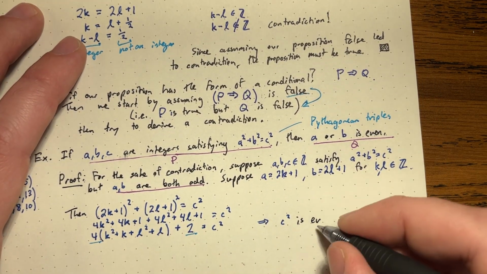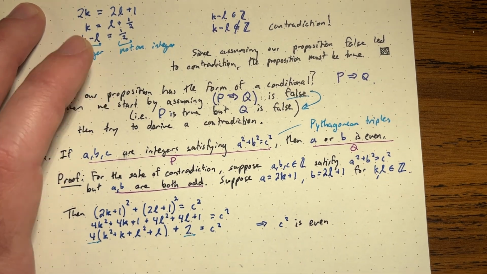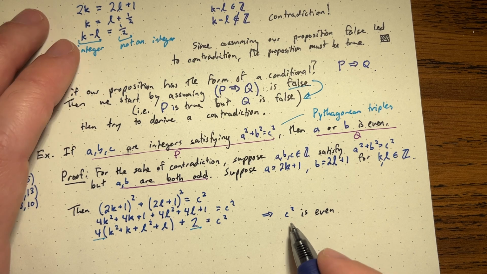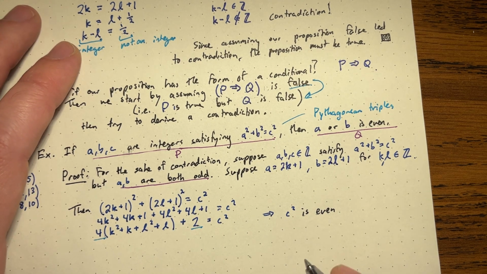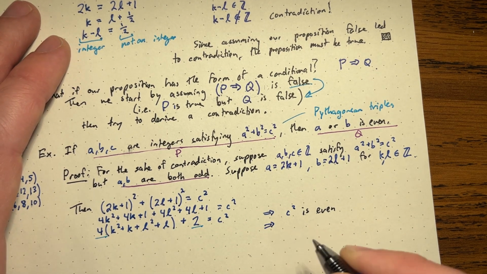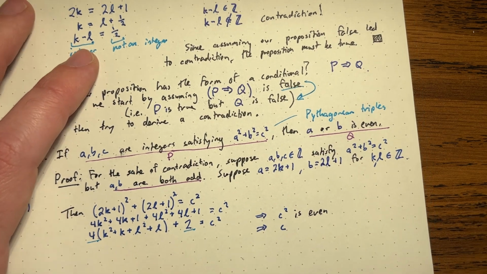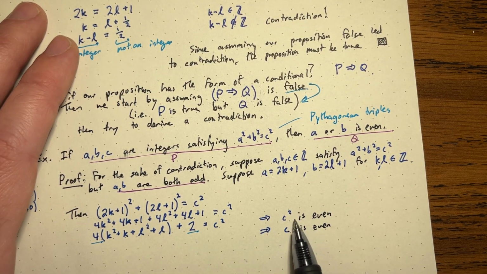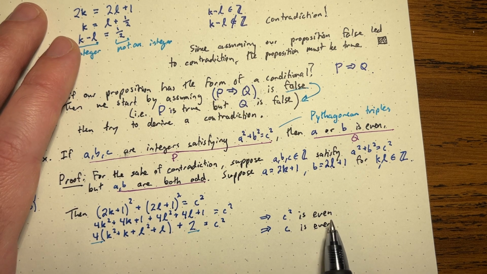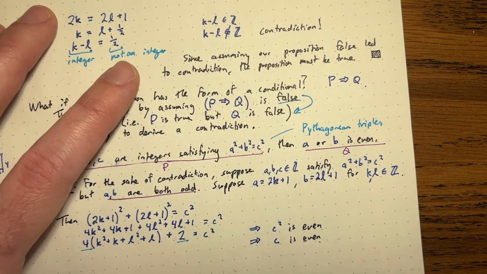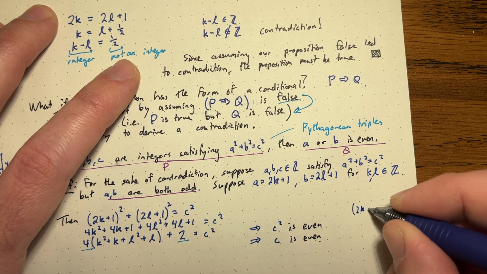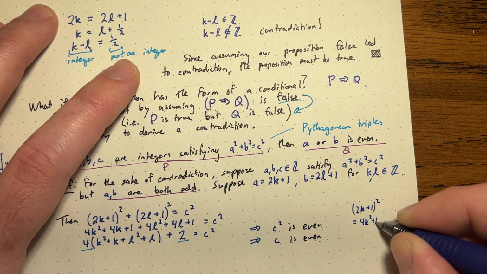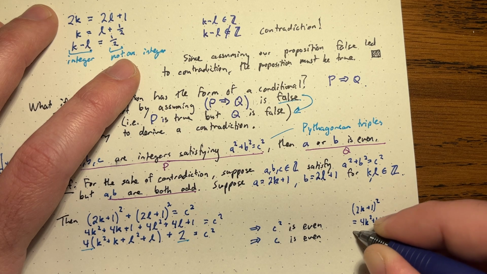Rather than writing this up really clearly, I'm gonna focus more on showing the thought process, because that's the important part. So C squared is even. I think what we already showed is that actually implies that C is even. And just to recall why that is, if C were odd, then C squared would be odd. And again, that's because if you square something like this, you get 4k squared plus 4k plus 1, which is an odd number.